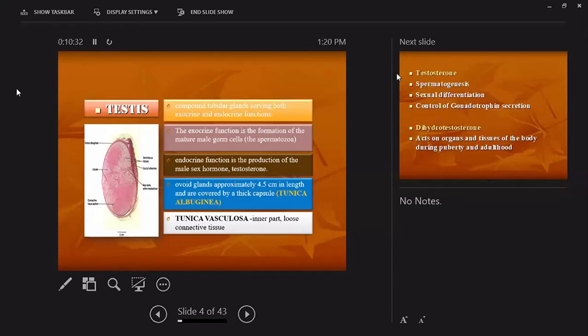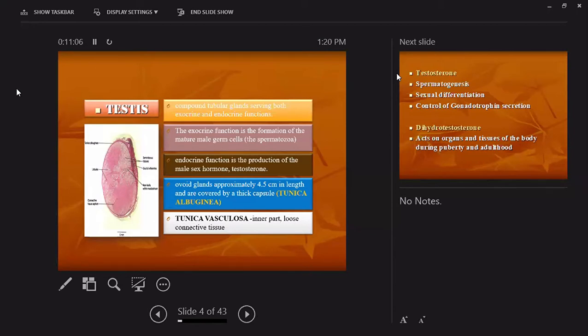Again, it's your testis, you have your tunica albuginea, all your seminiferous tubules within, you have your connective tissue septum, because your testis is divided into lobules, so you have these areas where you have the septum between tubules.